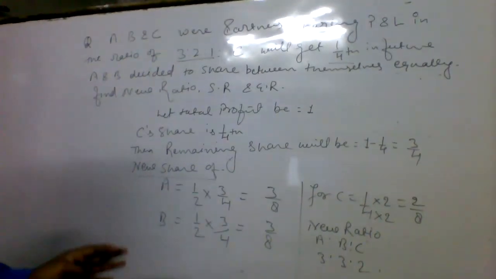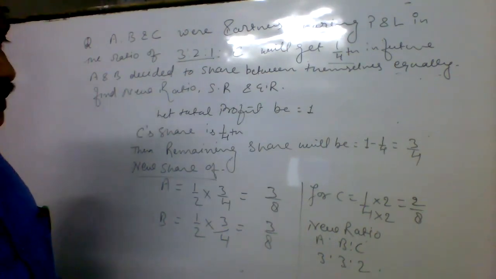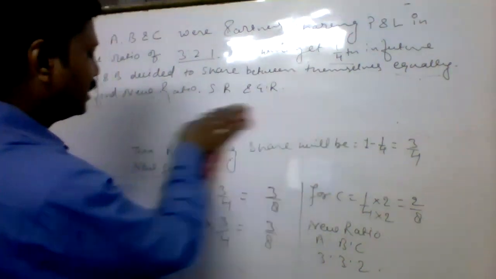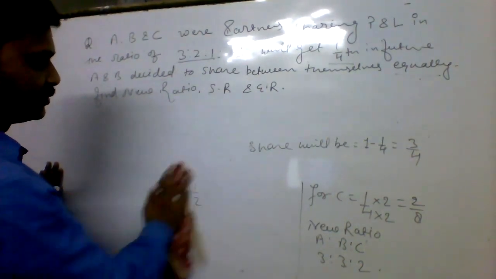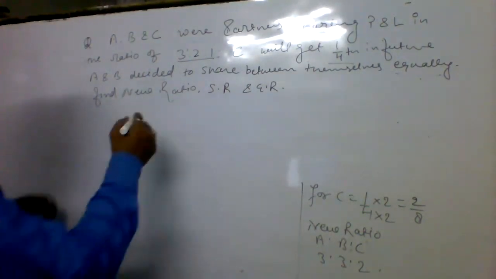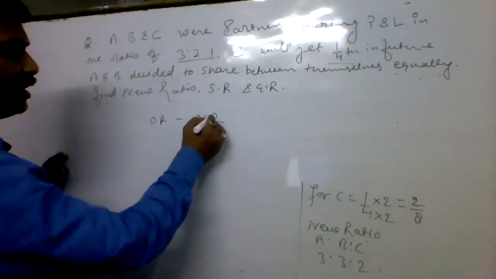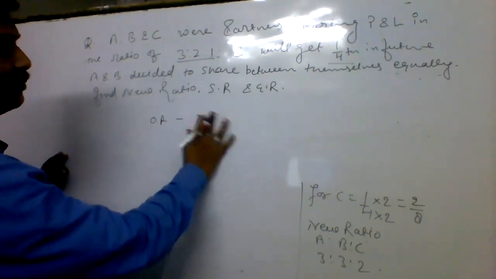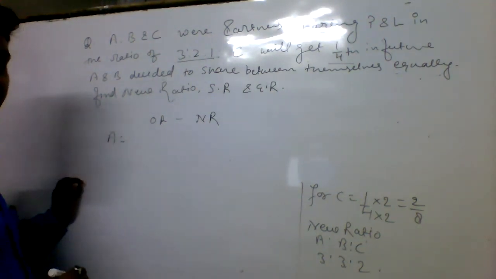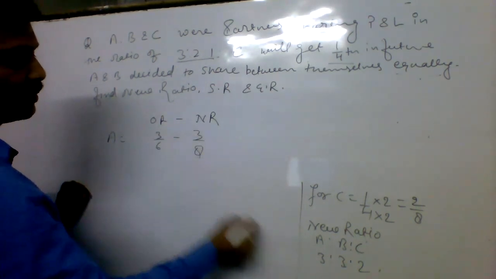Now we need to calculate the sacrificing ratio and the gaining ratio. Note it down as I solve. As you know, the formula is old ratio minus new ratio. If it comes positive, it will be sacrificing. If it comes negative, it will be gaining. For A, the old ratio was 3 by 6 and the new ratio we calculated is 3 by 8.